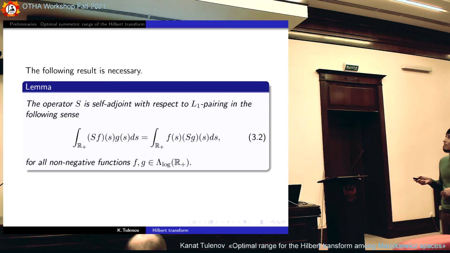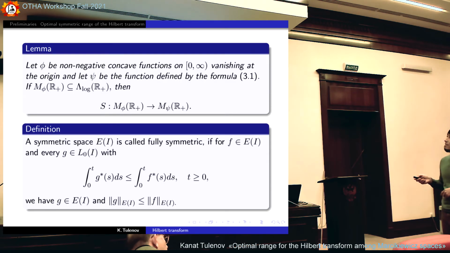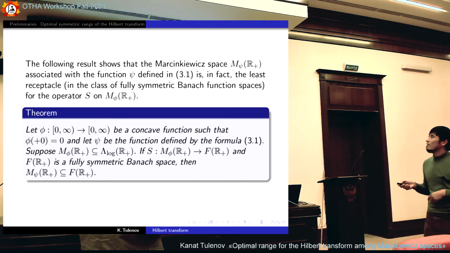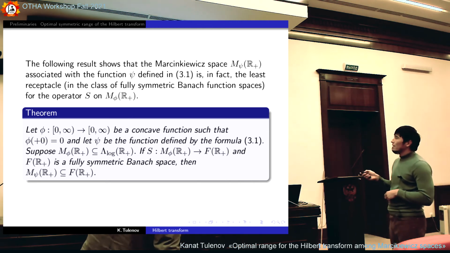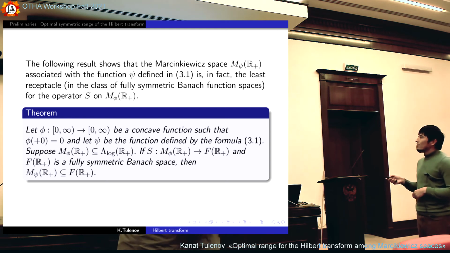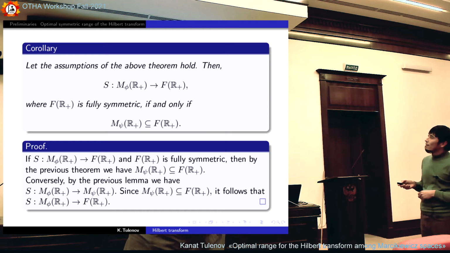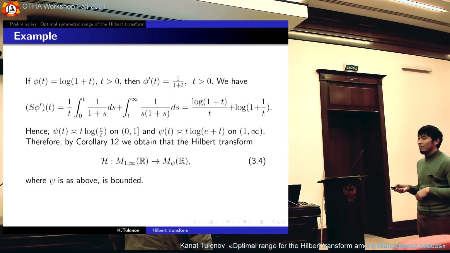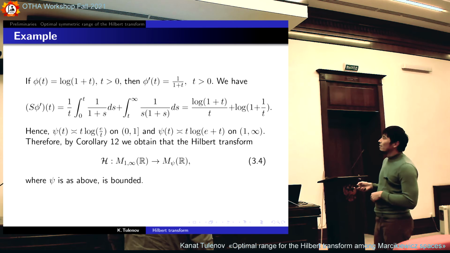So these are our lemmas; let me skip them. This is our final result, which characterizes the optimal range in Marcinkiewicz spaces. This is our corollary, and this is an example of when the Boyd indices are trivial.